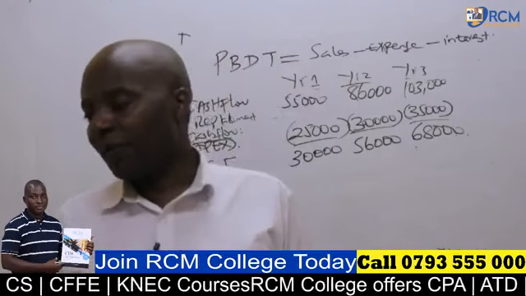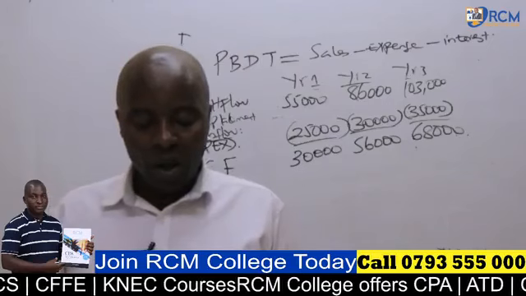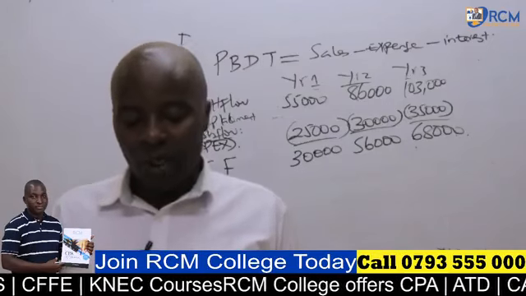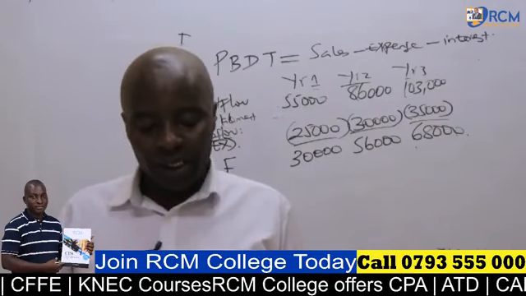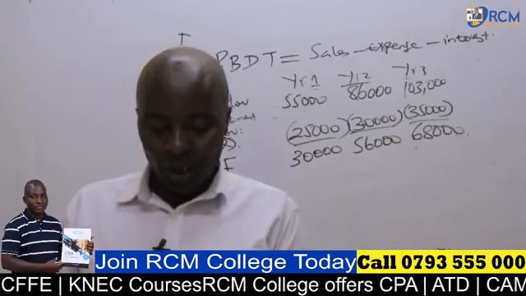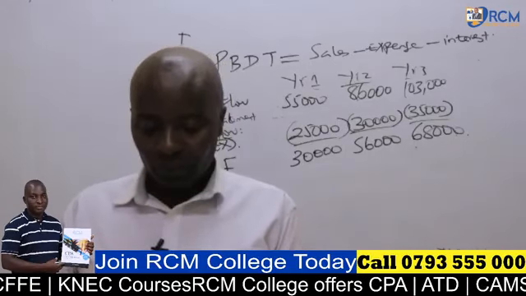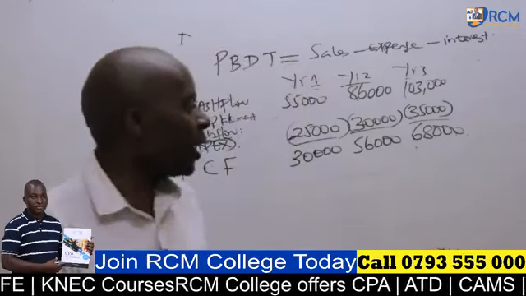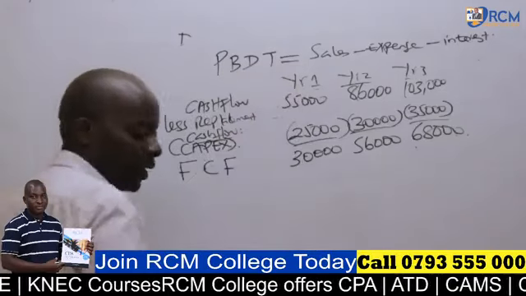This paragraph immediately after the table: from year 4 onwards, it is expected that the annual cash flows from Tiny Limited will increase by 4% each year into perpetuity. Perpetuity is the same as what here? Infinity. Perpetuity is the same as infinity.